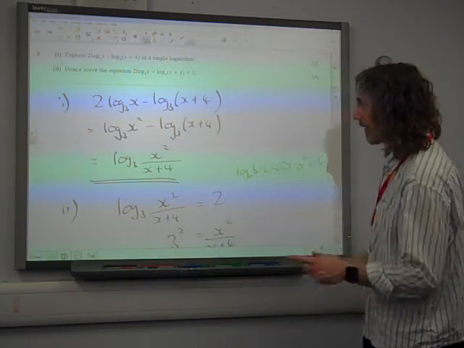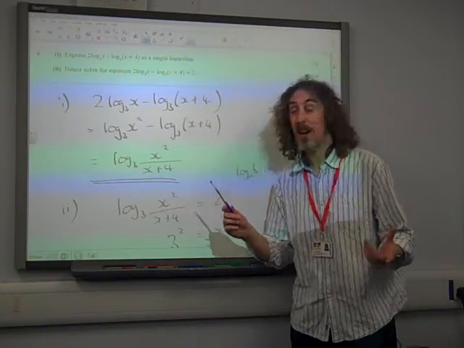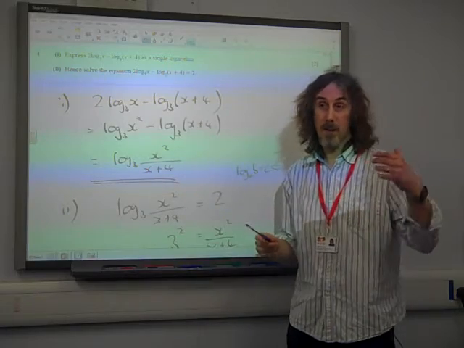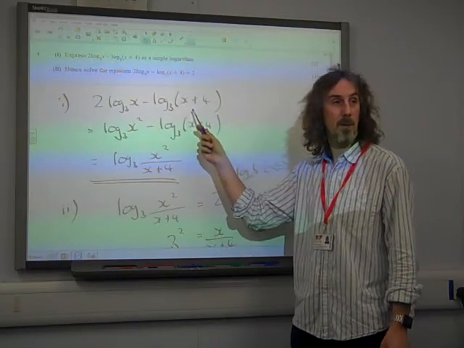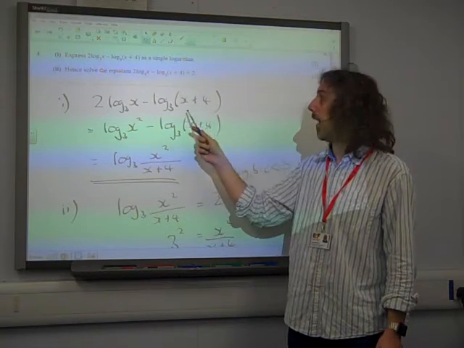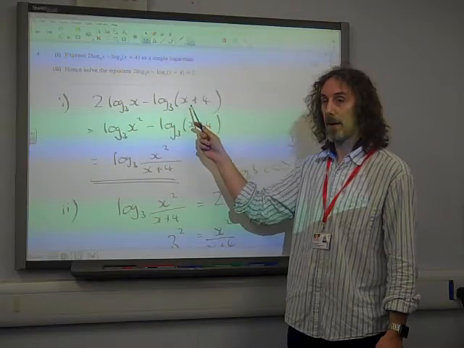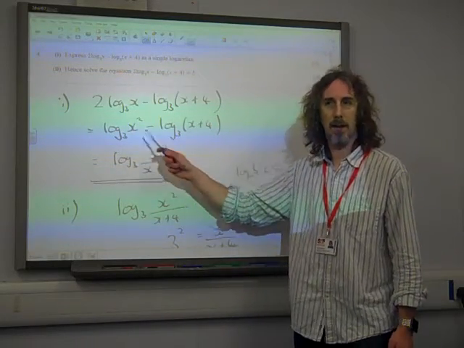So 12 is fine, because 12 is positive and 12 plus 4 is definitely positive. But minus 3, although it would work in that one, because that would give us a positive number there, in 2 log base 3 of minus 3 isn't valid.